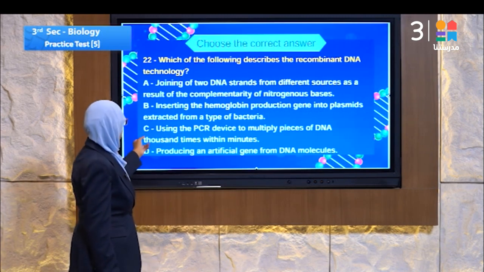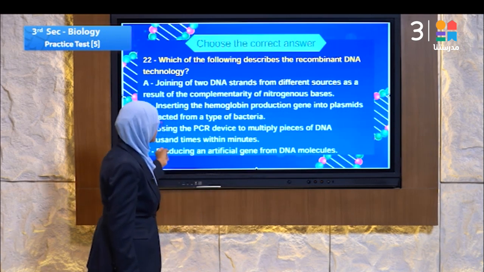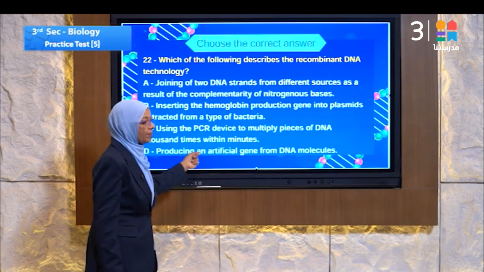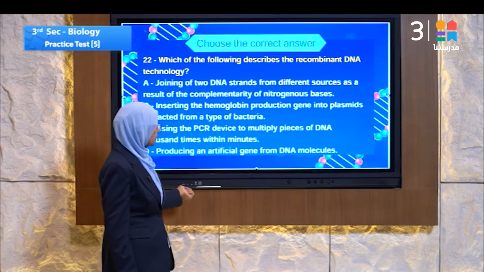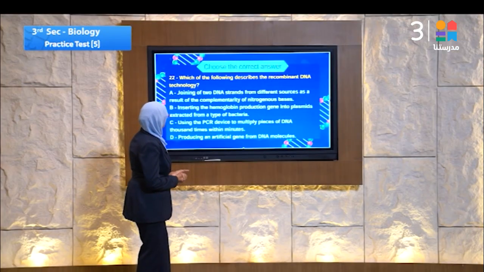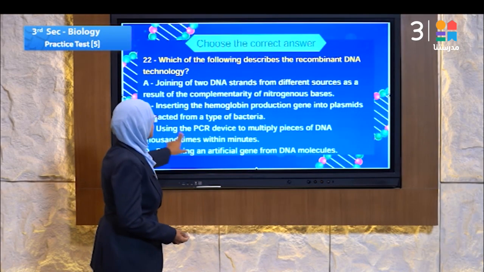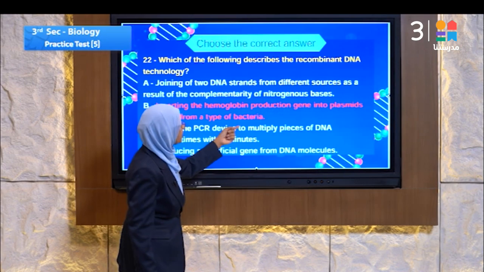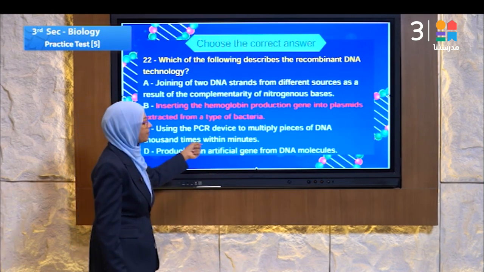Number C, using a PCR device to multiply a piece of DNA 1,000 times within minutes. Number D, producing an artificial gene from DNA molecules. Now, recombinant DNA technology must be number B, inserting the hemoglobin production gene into a plasmid extracted from a type of bacteria.